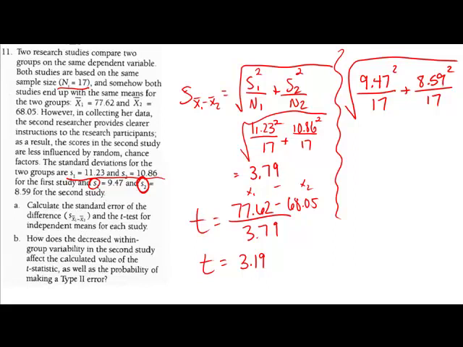Square root. And the square root is 3.10. Same difference between the two groups. Now we have a smaller standard error. What's going to happen to t? Well, we got a smaller denominator.